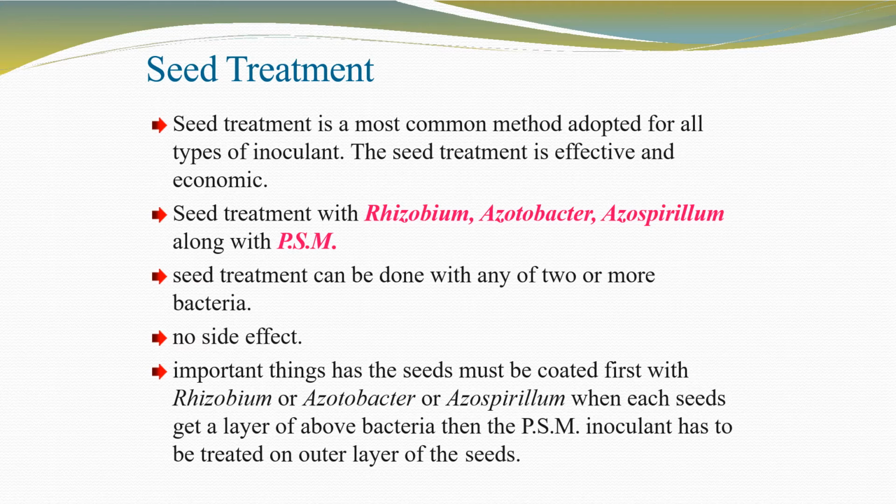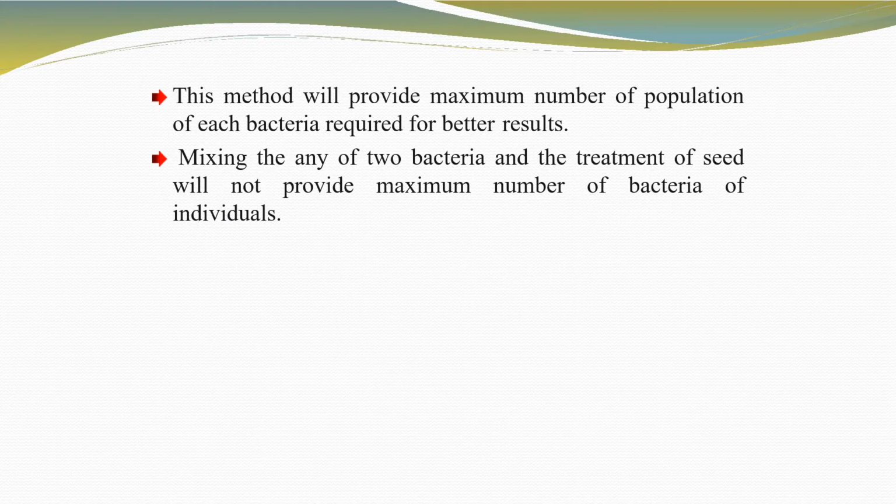And lastly, the important thing is that the seeds must be coated first with Rhizobium or Azotobacter or Azospirillum. When each seed gets a layer of the above bacteria, then the P.S.M. inoculant has to be applied on the outer layer of the seeds.